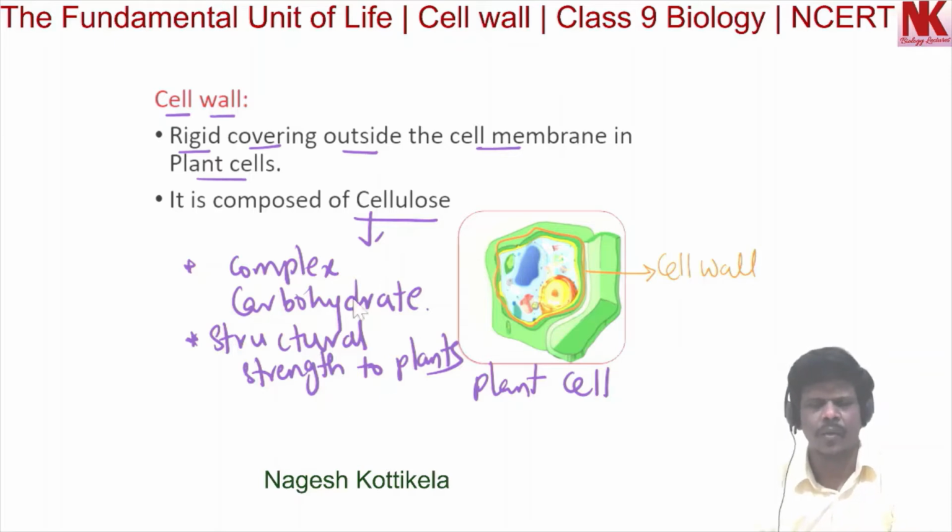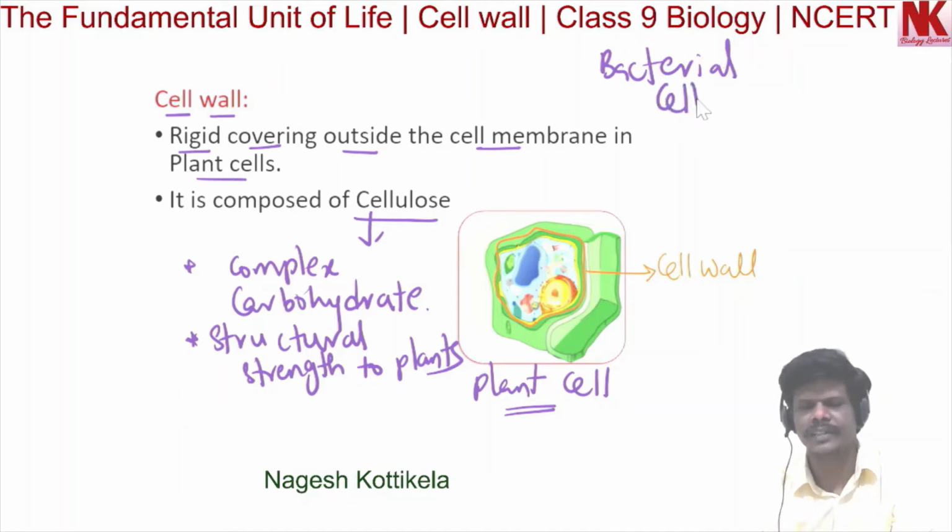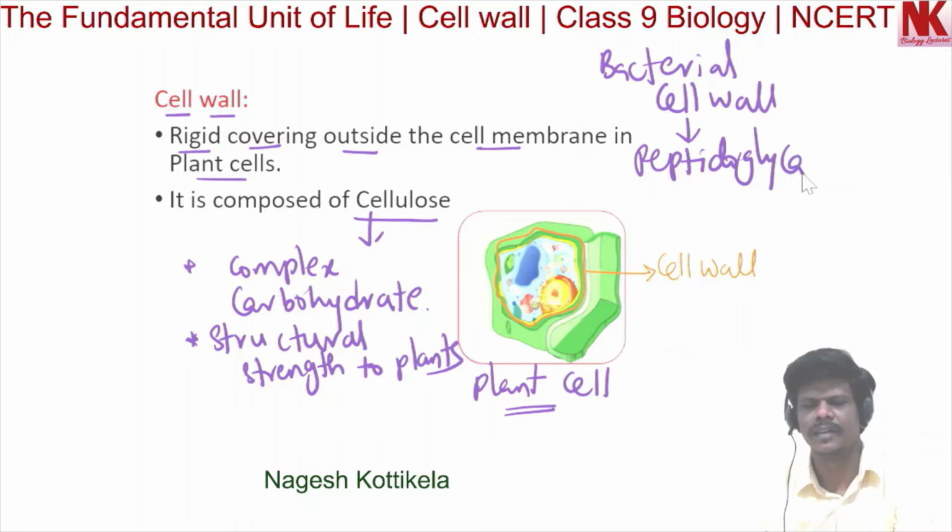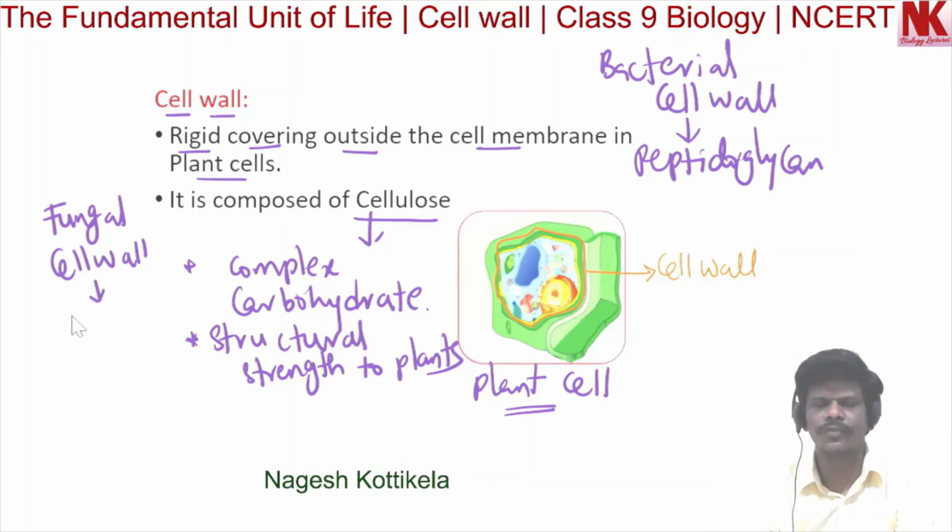Okay, now not only plant cells but also bacterial cells contain cell wall, and the bacterial cell wall is made up of peptidoglycan, and also fungi contain cell wall, and that fungal cell wall is made up of chitin.